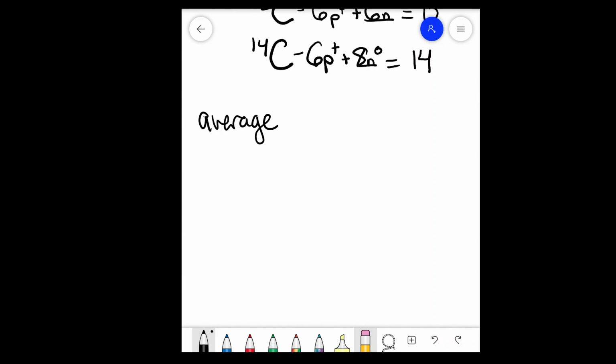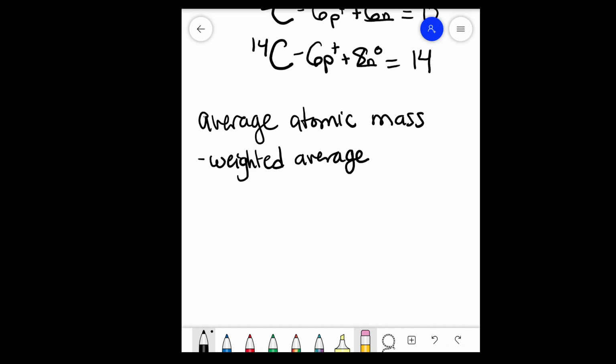average atomic mass. So what average atomic mass is, it is the weighted average of all known isotopes for an element.